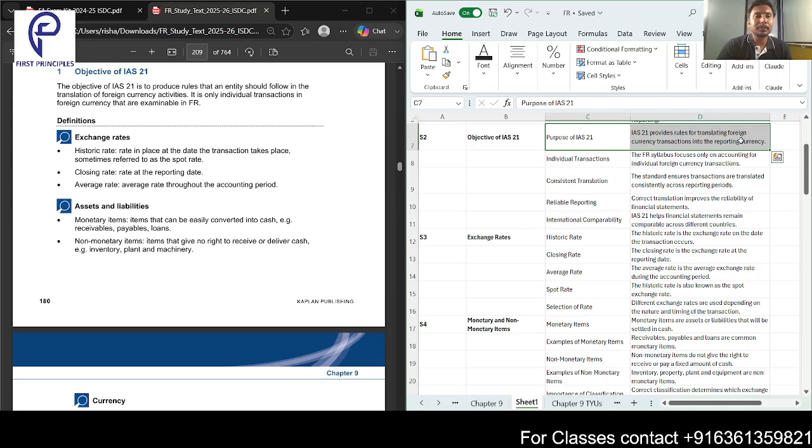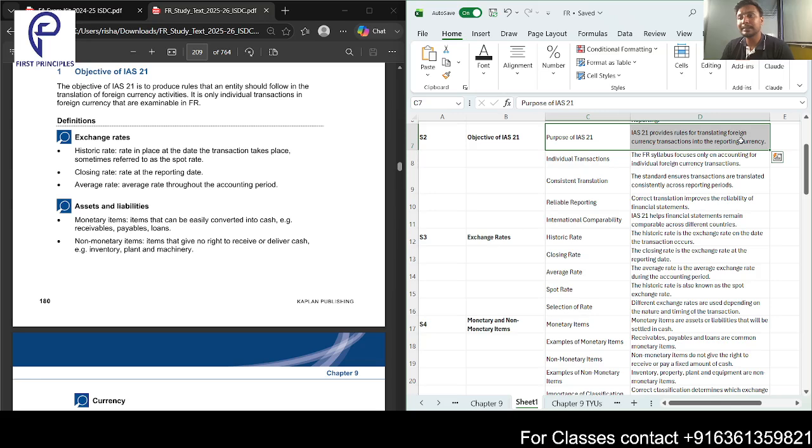Okay, so IAS 21 ensures that all foreign transactions from a company's perspective are translated and then recorded in the books of accounts. All the rules and regulations around the translation are given in IAS 21. So Arpita makes the £10 payment to me and I record it as 1,260 rupees in my books. How did that £10 become 1,260?